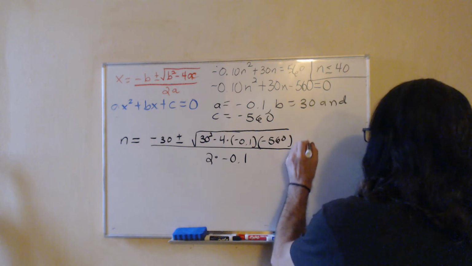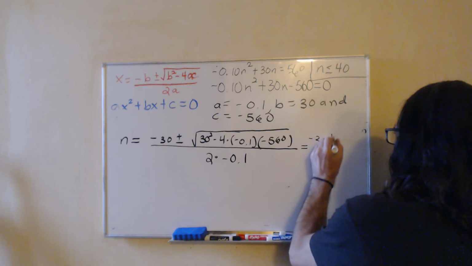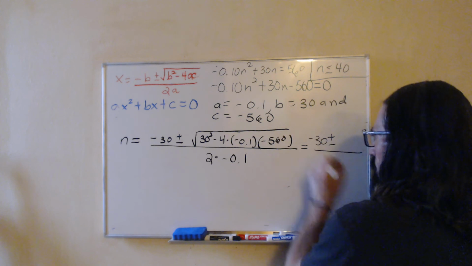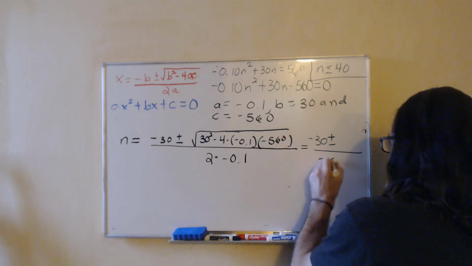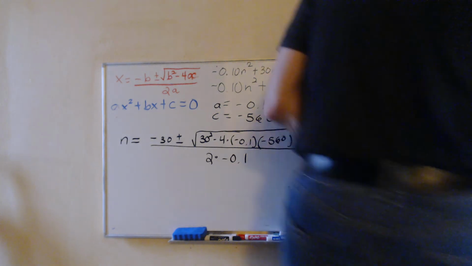Negative 30 plus or minus something, all over negative 0.2.